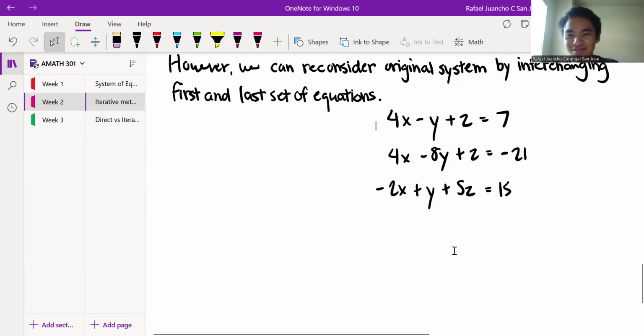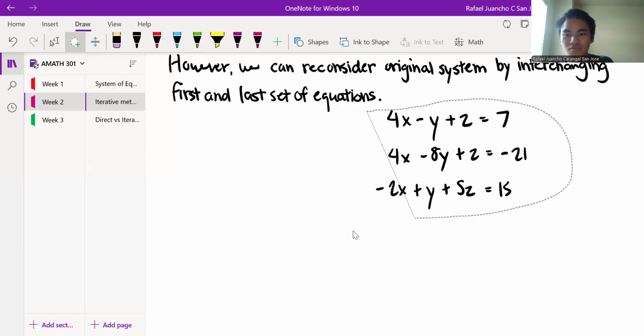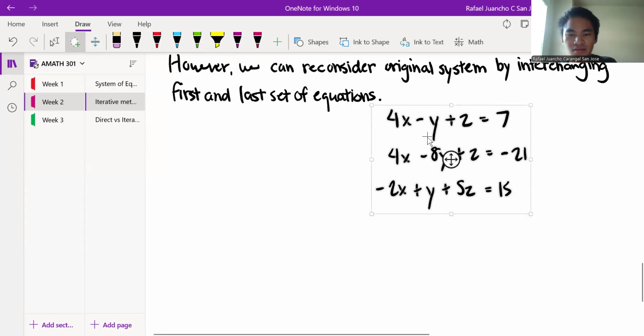What if I do a lasso here? Ah, much better. Okay. Oh my goodness.